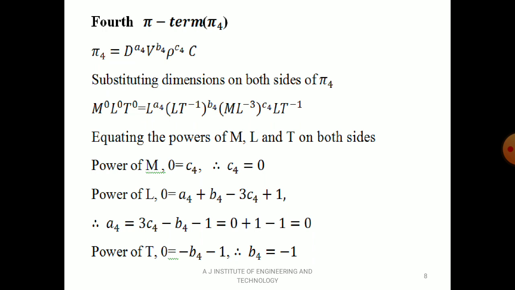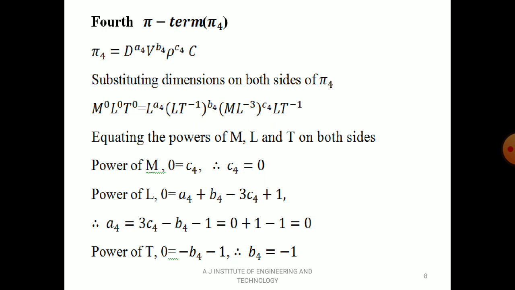Then equating the powers of m, l and t on both sides. First, equating the power of m: m to the power 0 on the left hand side, m to the power c4 on the right hand side. So 0 equal to c4, therefore c4 equal to 0. Then equating the power of l: l to the power 0 on the left hand side, l to the power a4, l to the power b4, l to the power minus 3c4, l to the power 1 on the right hand side.